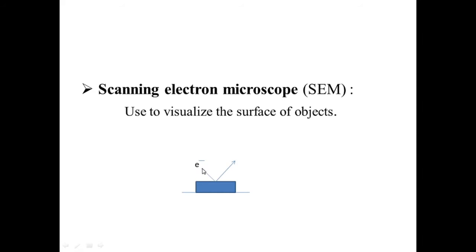So, we have a sample surface, and once we use electrons, those electrons bounce off from the surface of the specimen, and as they bounce off, there is a detector to detect the surface structure of the sample in more detail. So, this is a short idea about SEM.